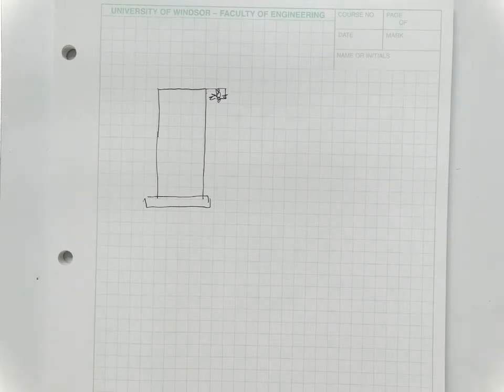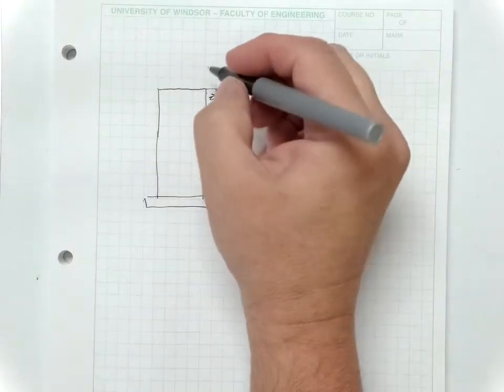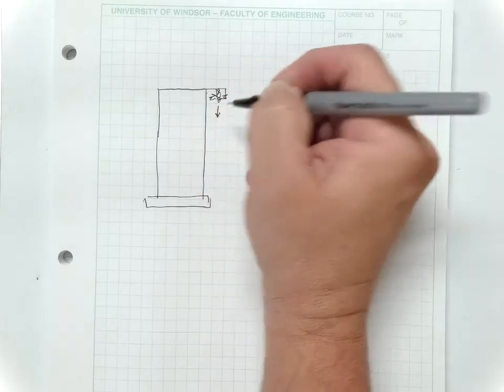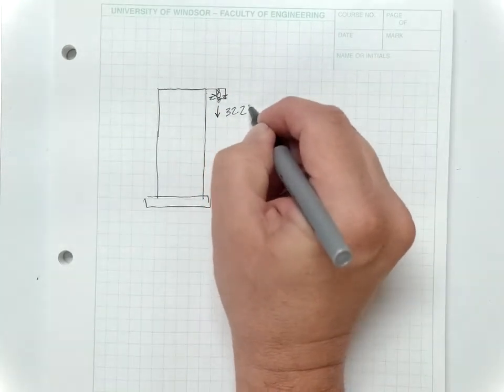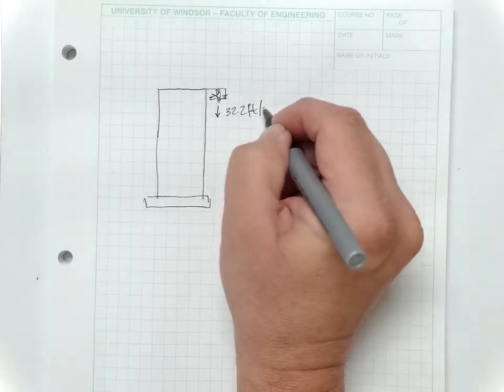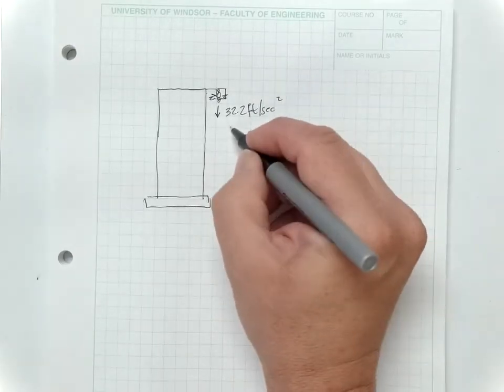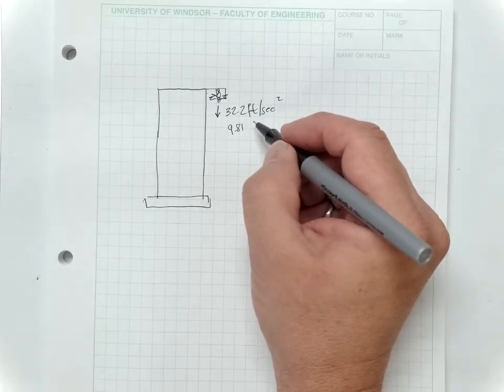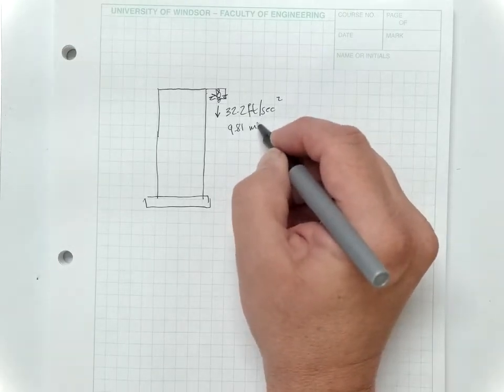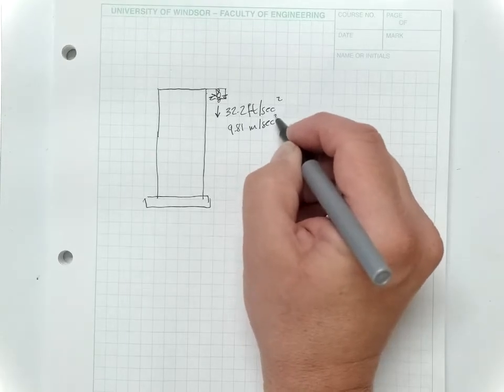We're talking about load. So this bat here is being accelerated to the ground at a rate of 32.2 feet per second squared. Or you guys took physics here in metric, right? So 9.81 meters per second squared.